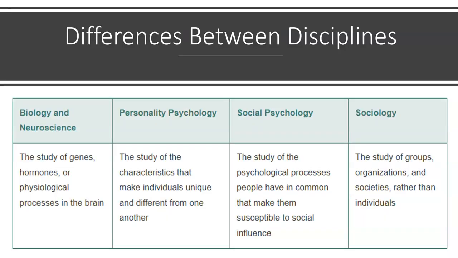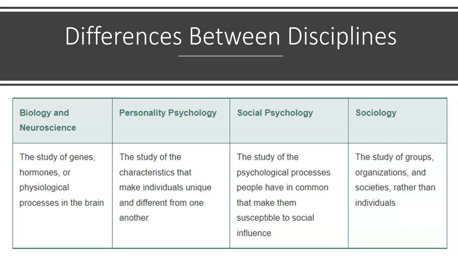So just to review, looking at these different disciplines, with biology and neuroscience, you're talking about looking at genes, hormones, physiological processes, but also the big picture process of evolution and genetics for helping us understand social behavior. Personality psychology helps us to document individual differences, those things that make us unique from one another, and look at them in a social context.